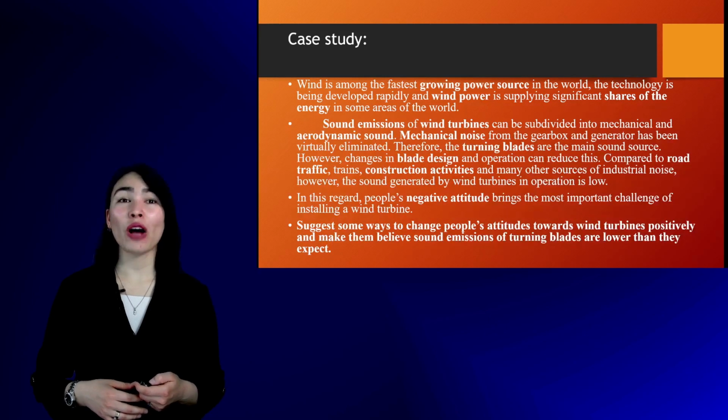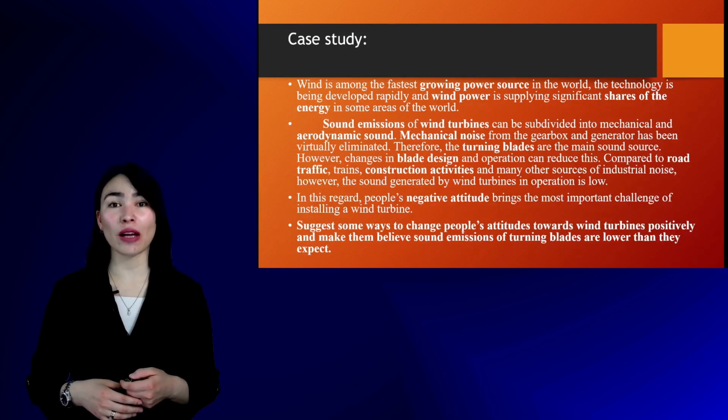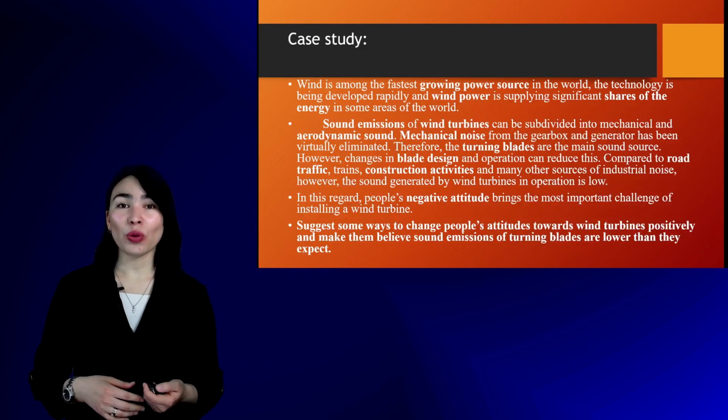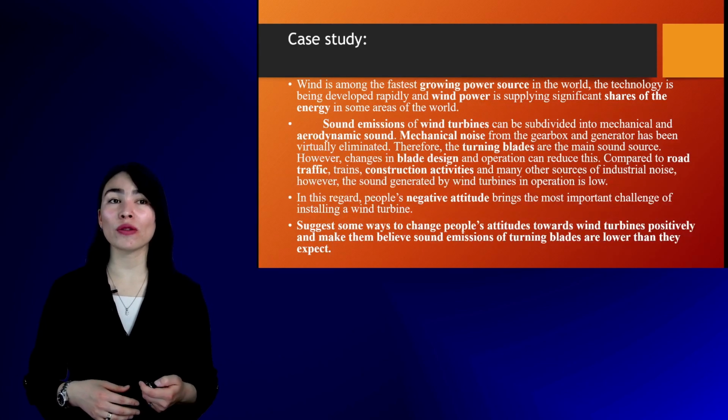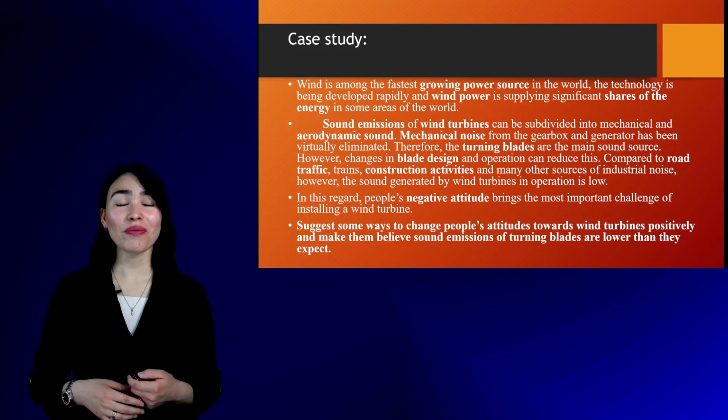Sound emissions of wind turbines can be subdivided into mechanical and aerodynamic sound. Mechanical noise from the gearbox or generator has been virtually eliminated. Therefore, the turning blades are the main source of the sound.